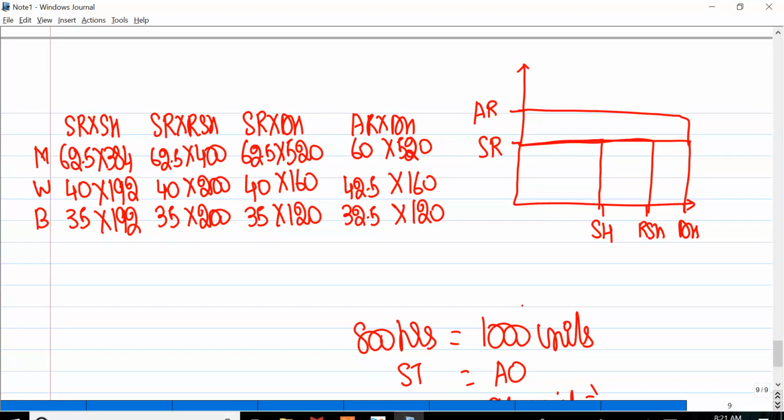Any doubts on this? The most important part is SH. If you get it correctly, everything else will easily fall into place. 384, 192 and 192. Any doubts? If you have a doubt, let me know, I'll clarify that. The issue will always be SH computation; in most of the questions, the issue is going to be SH computation.